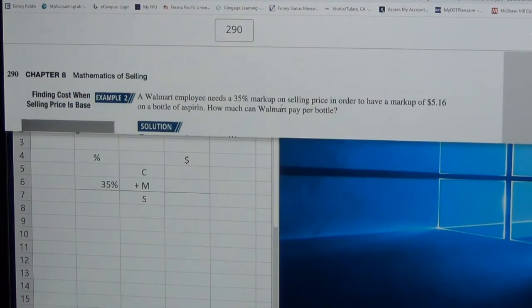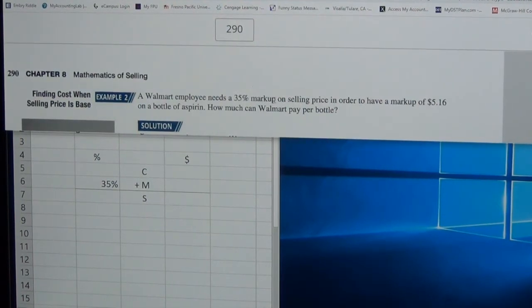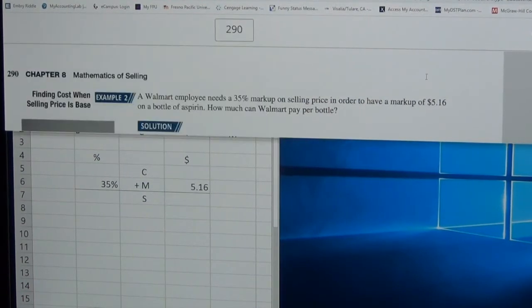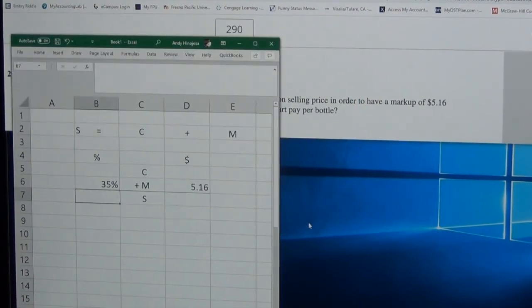So in order to have a markup of $5.16, they give us markup on both the percentage and the dollar amount, so it's $5.16. What do we also know? We know that our selling price is the base, so that's 100%. And we could back into the percentage of cost by taking 100% minus 35%, which equals 65%.